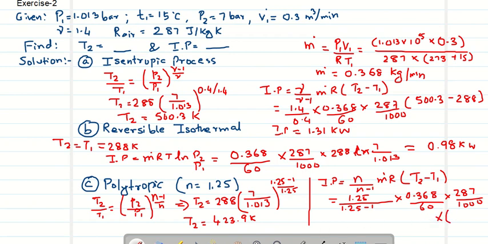T2 is 423.7 minus 288. If you solve this, you will get IP 1.2 kilowatt. So we have solved the temperatures and indicated power for the three processes which are given here.